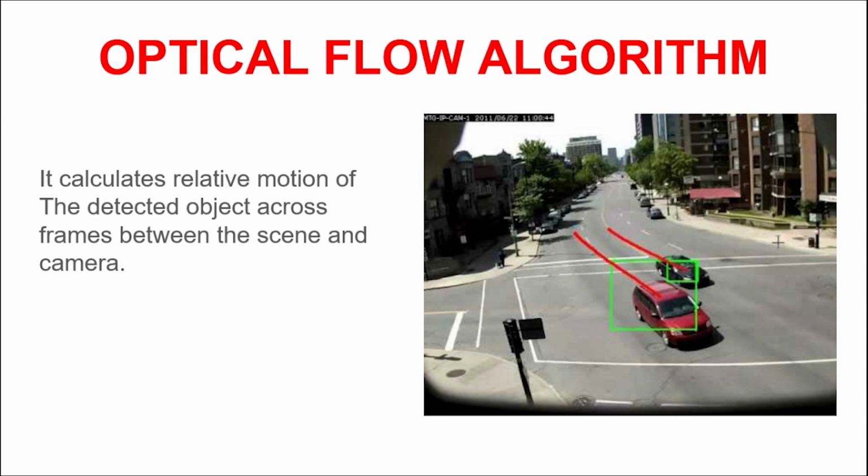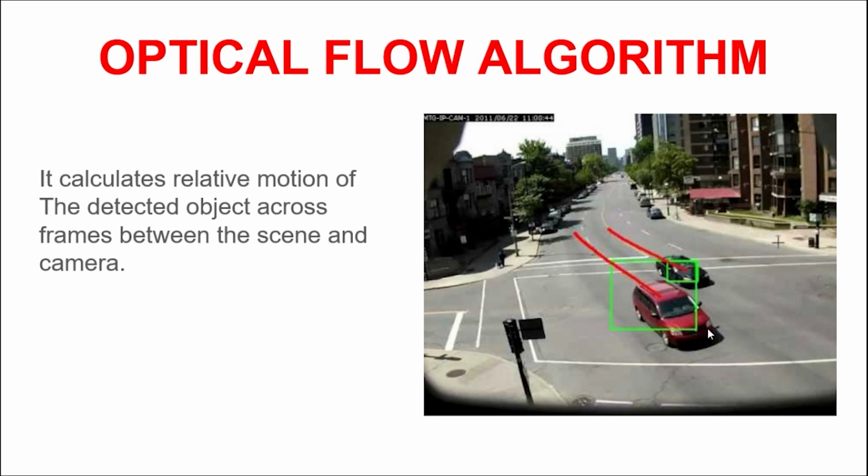Let's suppose in frame 1 we have coordinates x1 and y1, and in frame 2 it comes here, with coordinates x2 and y2. That is, this car is moving with a certain velocity, right? We will be able to use these motion vectors to track and even predict the trajectory of the object in the next frame. So it basically calculates the relative motion of detected objects across frames between the scene and camera.